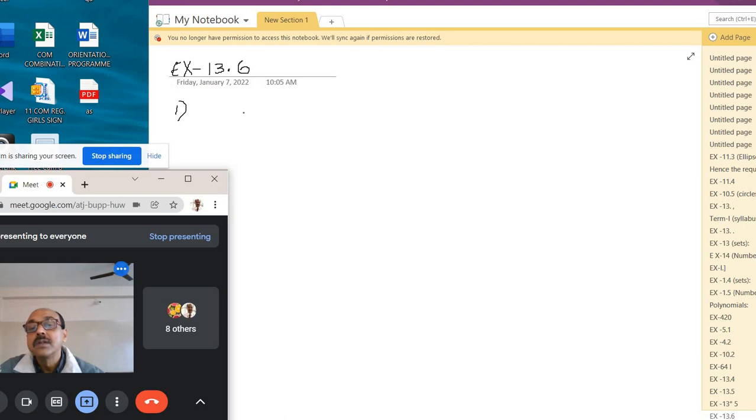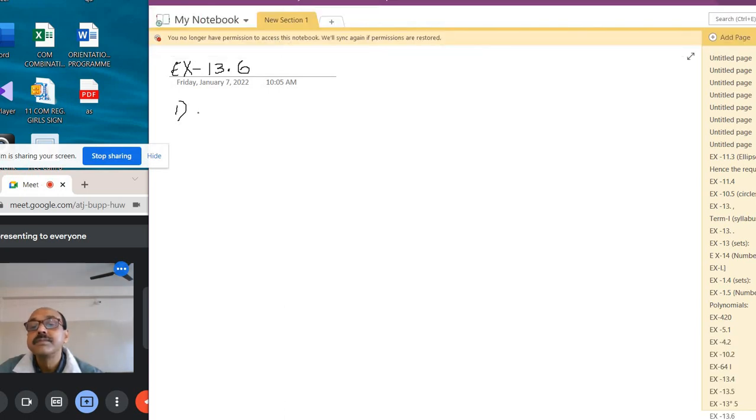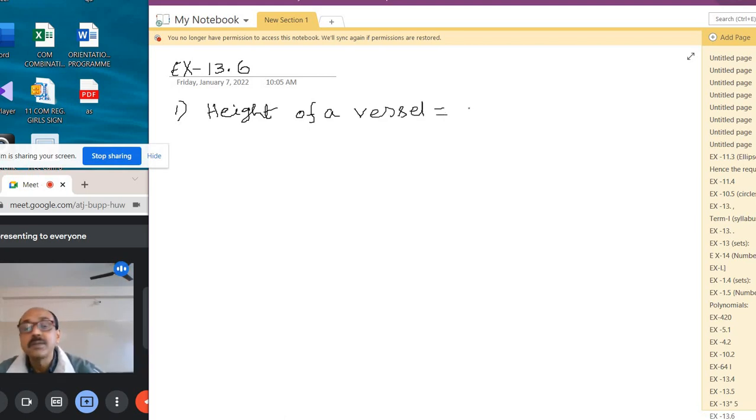So the height of the vessel is equal to 25 centimeter.